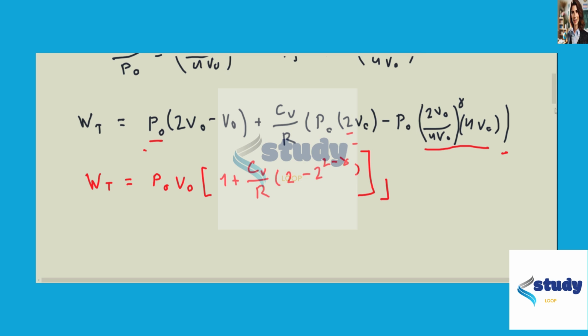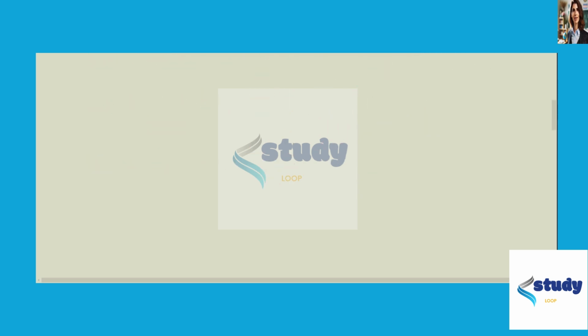Now for part C of the problem, we need to find the relationship between T3, the final temperature, and T0, the starting temperature. This can be done from the relationship between the temperature, the pressure, and the volume for the adiabatic process.